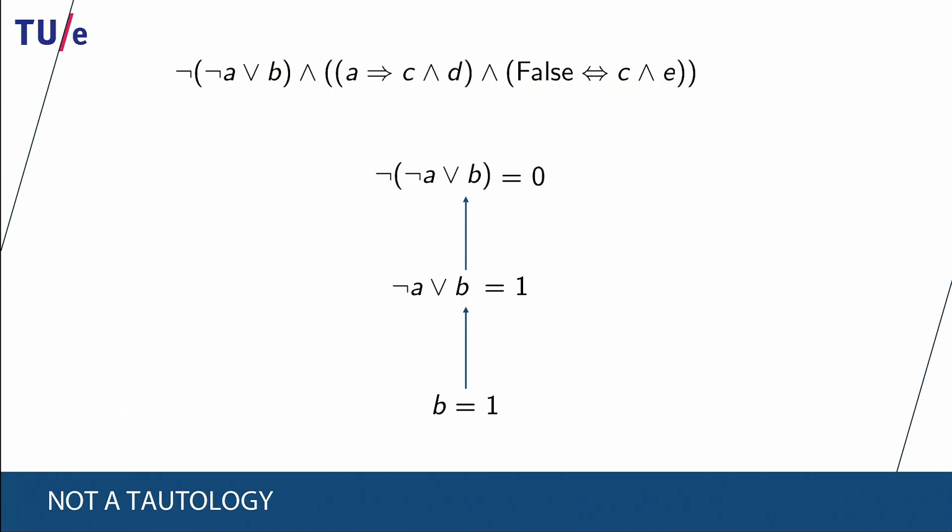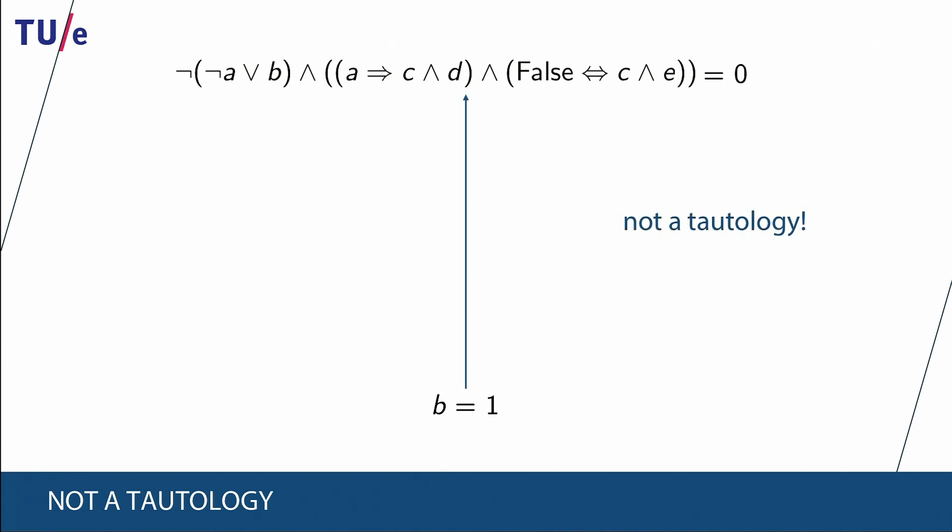Hence, it follows that the negation of not A or B is false. And since the original abstract proposition has this negation as a conjunct, we may conclude that it evaluates to false too. Indeed, under every assignment that assigns the truth value true to B, the abstract proposition under consideration evaluates to false, and hence it cannot be a tautology.